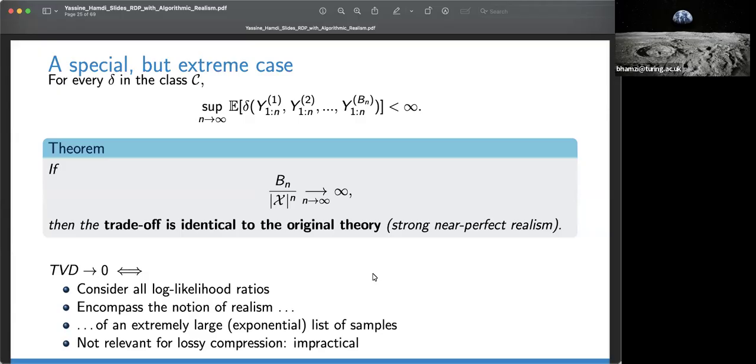Realism of an extremely large ensemble of samples. So it's a joint realism of a very, very large set of samples. And I believe that this is not the right way to measure realism, just because it's not even practical. Intuitively, an exponential number of samples is not practical. Any human observer, and this is the intuitive part, will not go and look jointly at an exponential number of samples.